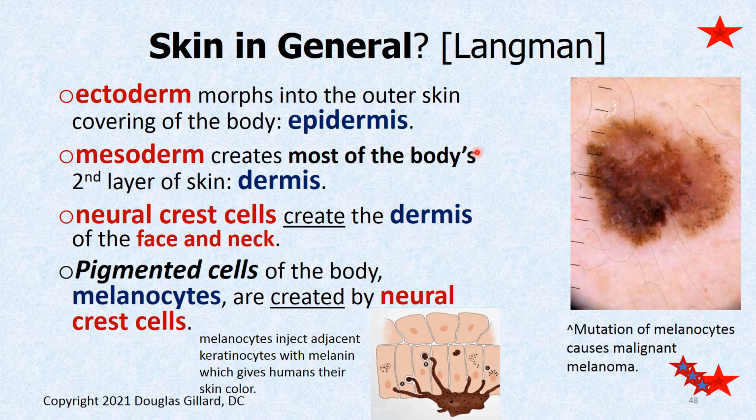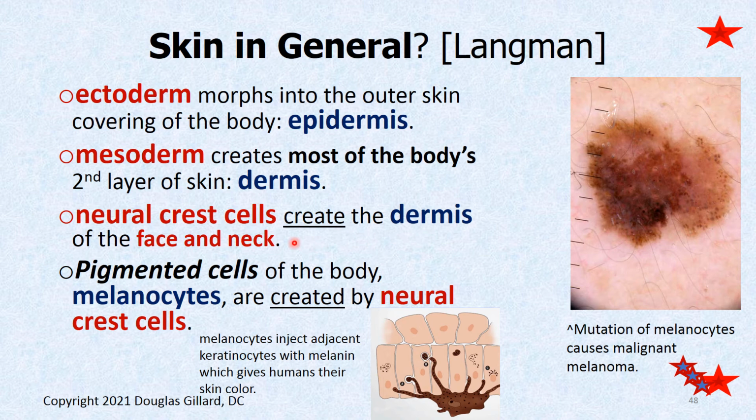The skin is interesting. We'll talk about this more in seventh quarter. But the epidermis, which is the very top layer of skin, has those 4 or 5 layers depending on what part of the body you're in. But that's derived from ectoderm. The mesoderm gives rise to the second layer down, which is the dermis. But that's not always true, so you have to be very careful if you're writing questions, because neural crest cells create the dermis of the face and the neck.